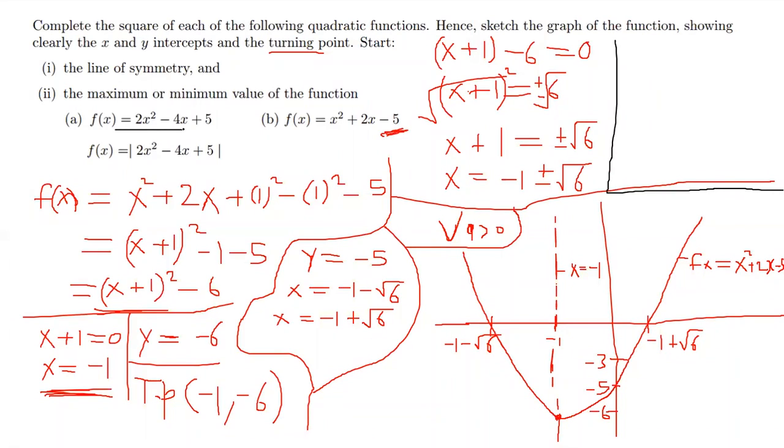Every time you've been asked to find the domain and the range, the first thing when you want to find the domain, you ask yourself, is there a way in which I can make my given function undefined?